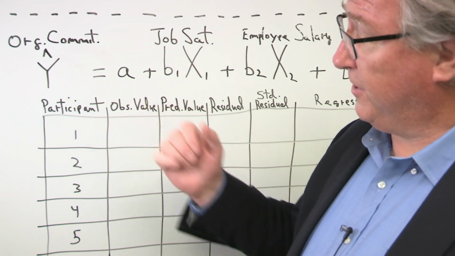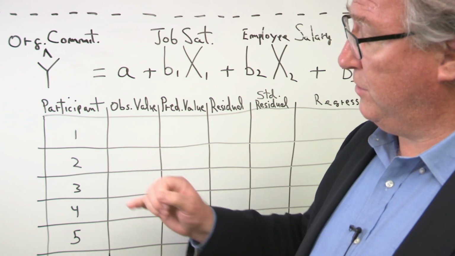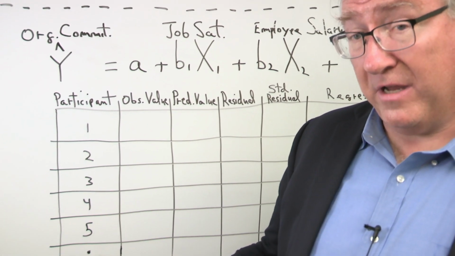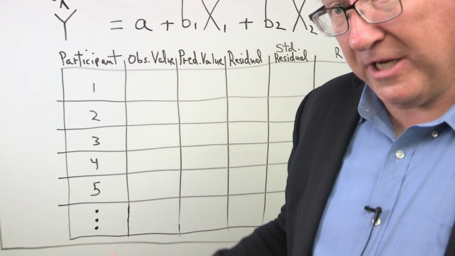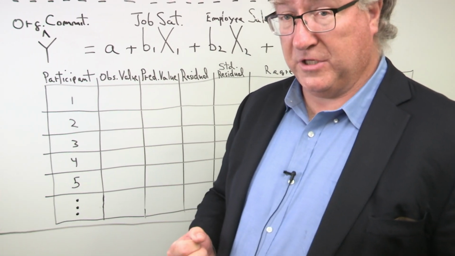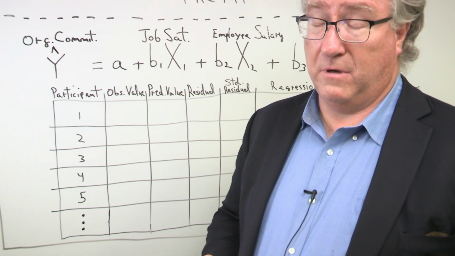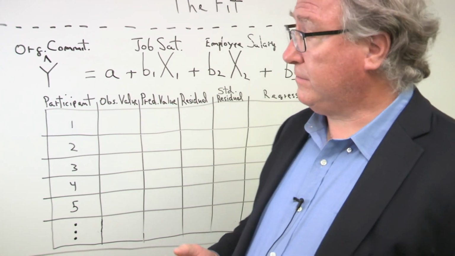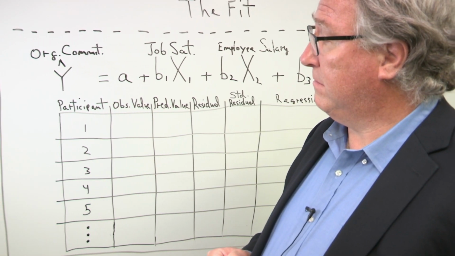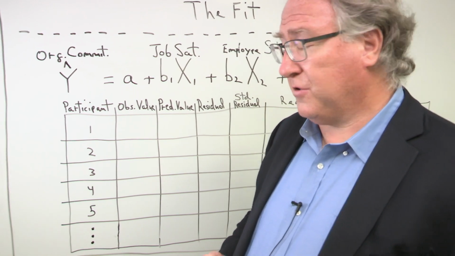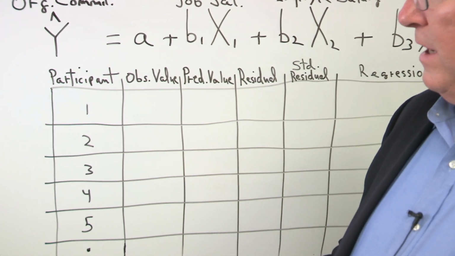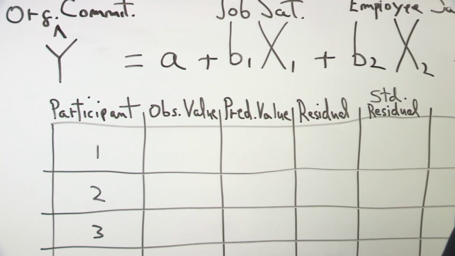And so this is true for participant 1, it's true for participant 2, participant 3, participant 4, participant 5, etc., across all of the participants in your sample. You have for each of those participants 2 values on the outcome variable measure: the actual observed value and the predicted value from the model.